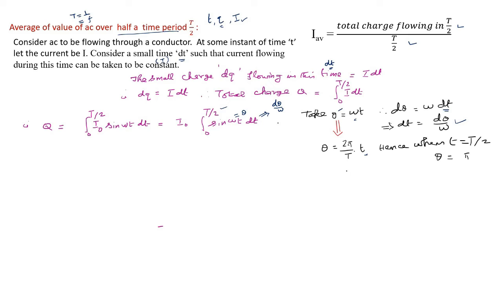See here, if I put theta as 2 pi by T for small t, and put T by 2, this 2 will cancel, this T will cancel, so theta would become pi when small t is T by 2.